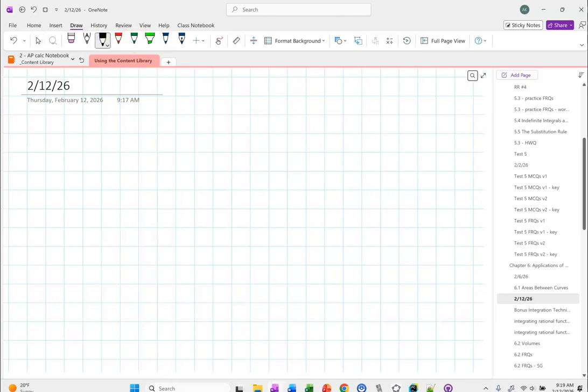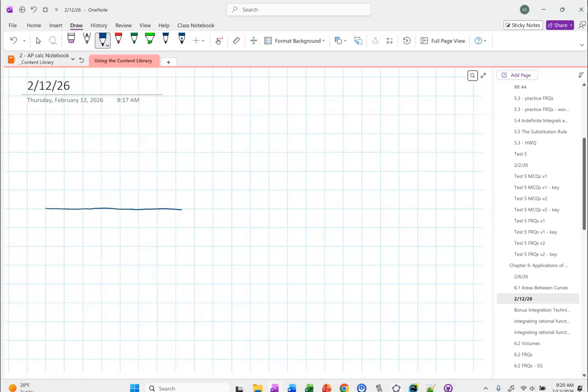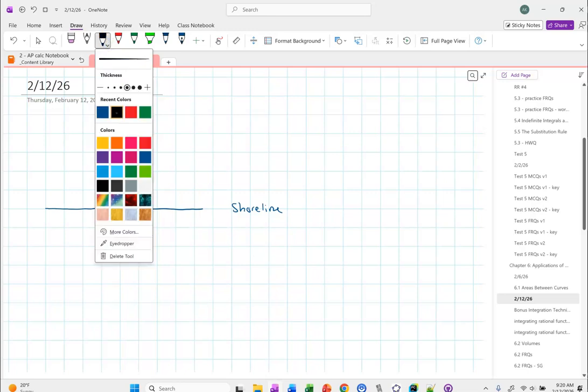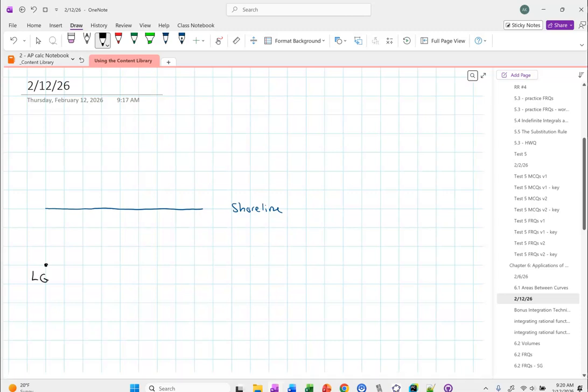So I'd want to start by drawing myself a diagram of what's going on. So let's say there's my shoreline. There's my lifeguard. And there's my swimmer. Everybody feel okay?